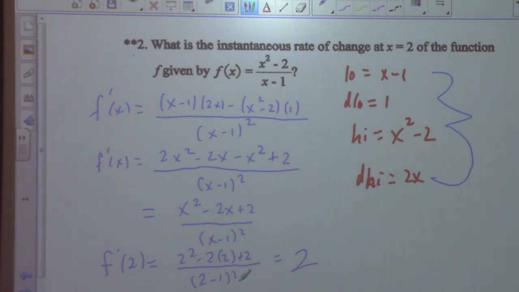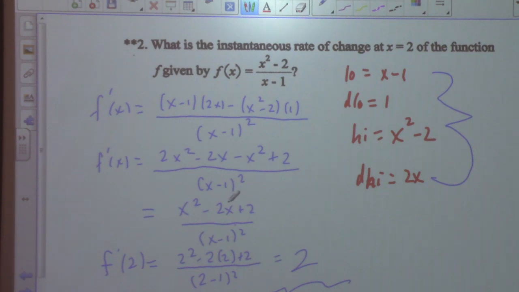Help me out here, is that right? Carson's nodding his head. Carson, did you get anything else? You put a minus 2 instead of a plus 2, so you made an arithmetic error. Easy to do, okay? After a quick check.